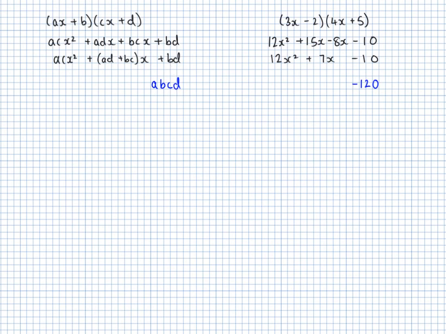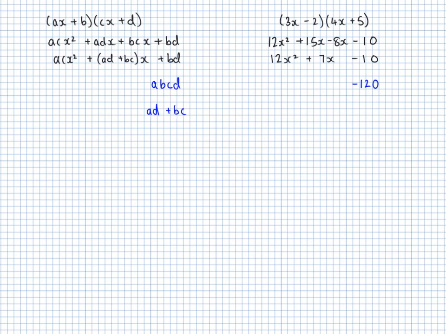I can see that this middle term is the addition of two things that, if I multiply them, I get ABCD. This middle term here, I have AD plus BC. Notice how if I multiply these numbers, I get ABCD.